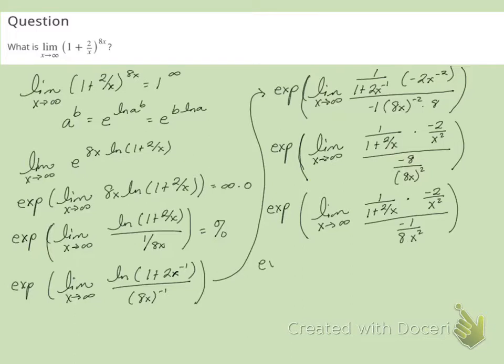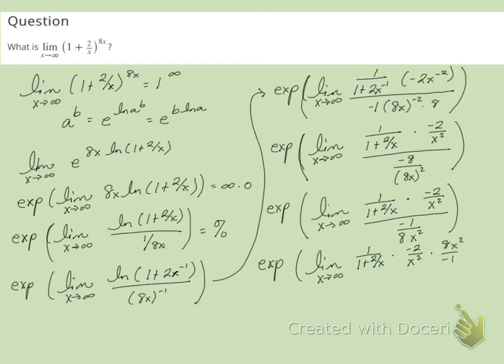So we'll have the limit as x goes to infinity. I'm going to multiply the top and the bottom by the reciprocal of negative 1 over 8x squared. And so I'll have 1 over 1 plus 2 over x times negative 2 over x squared, and then we're going to multiply by 8x squared over negative 1.